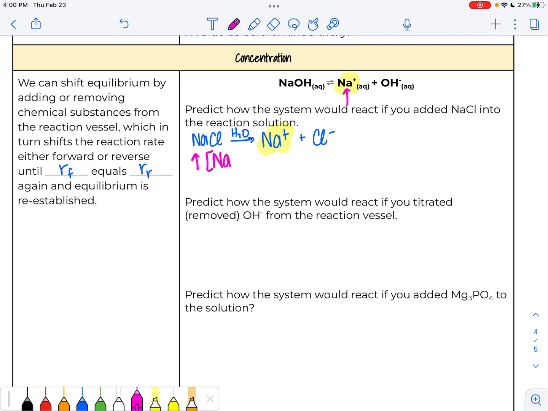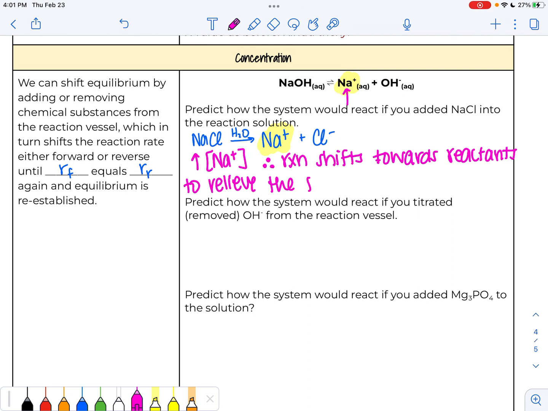So I've increased the concentration of Na+ ions, therefore, the reaction shifts towards reactants to relieve the stress.